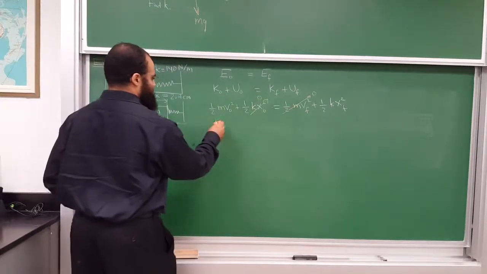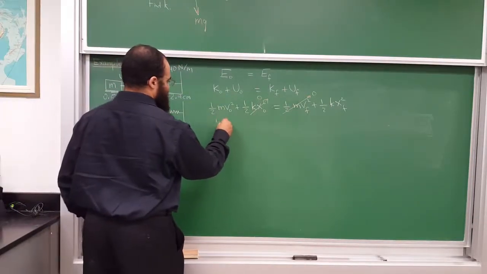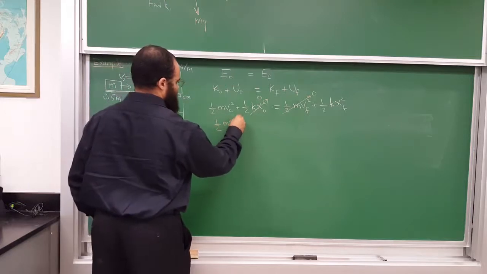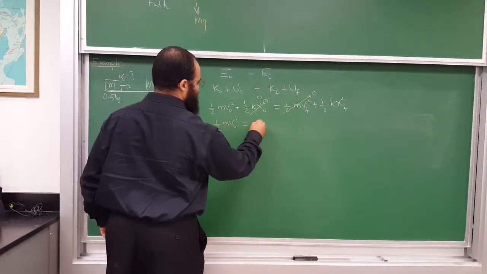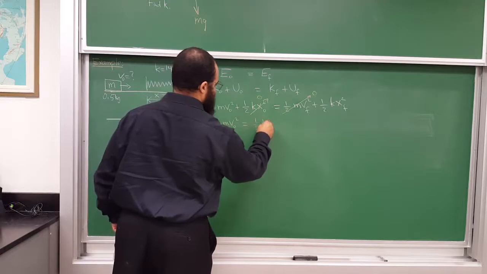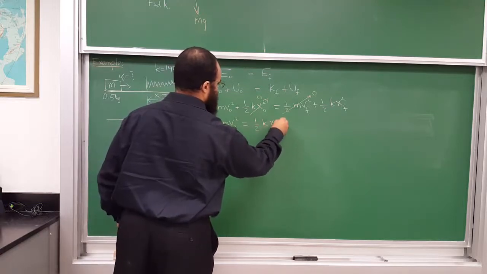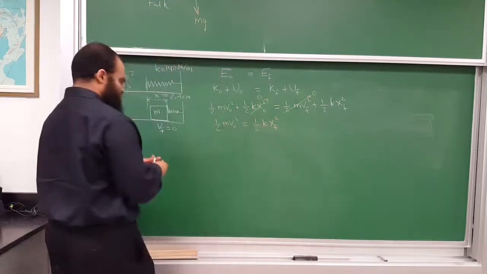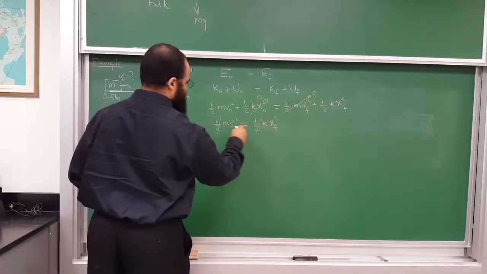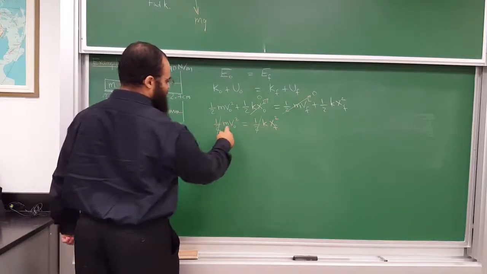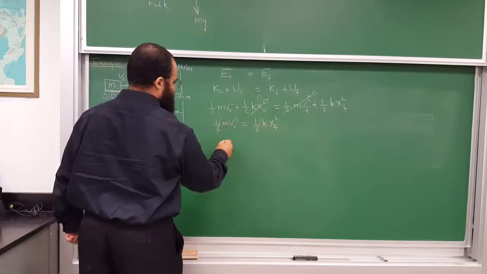So we end up with this: the kinetic energy of the mass at the beginning will equal the potential energy stored in the spring at the end. You can multiply both sides by 2. We want the speed at the beginning, so we will divide by m and then take the square root.